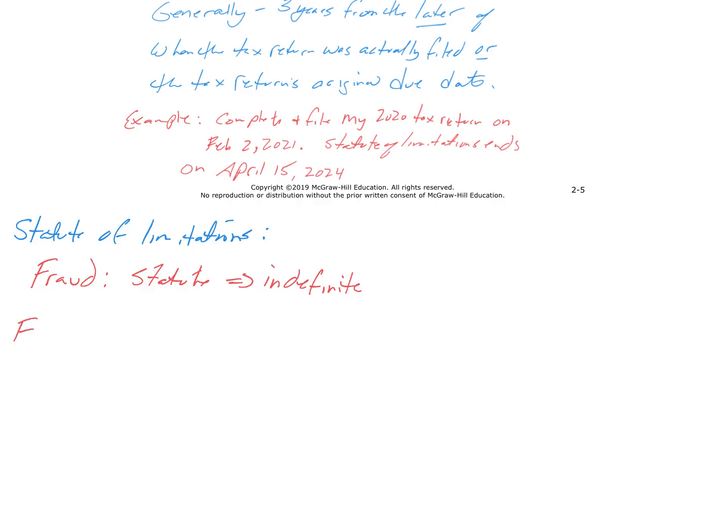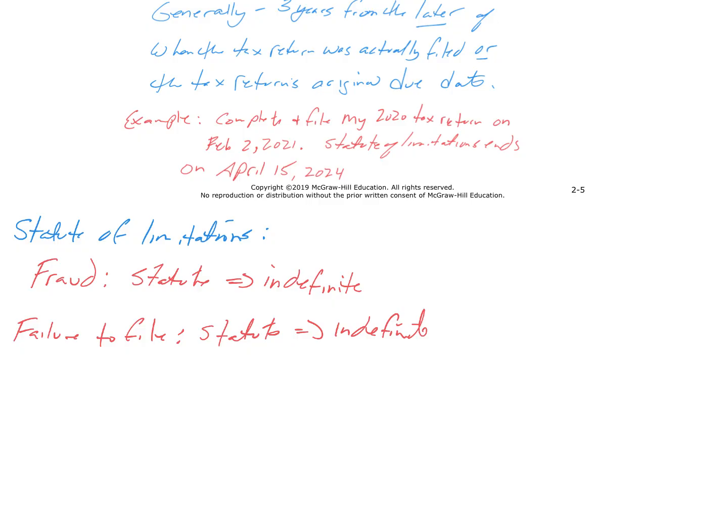What about failure to file? All right. Our example that we were just talking about, you're a single filer, you make $50,000 a year, you should have filed your tax return, but you decide you're not going to. Failure to file, the statute again is indefinite. Okay. Now, there's an additional statute that is kind of in between this 3 years and indefinite, right?